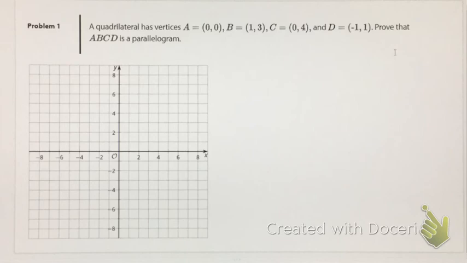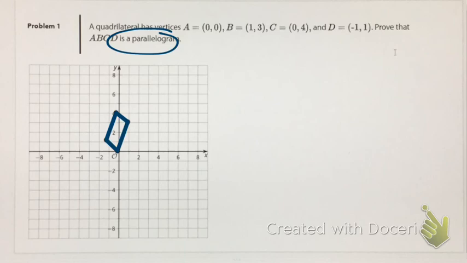So (0, 0), (1, 3), (0, 4), and (-1, 1). Right there. It's tiny, but it looks like it is a parallelogram. It says prove it. Well, what do we need to prove?